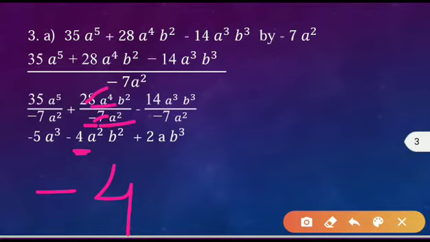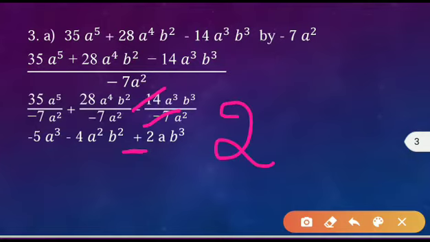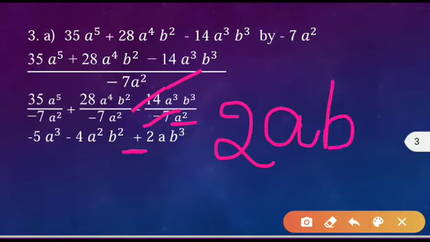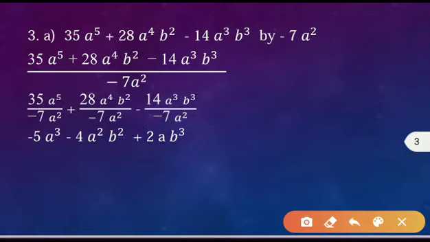A square and a to the power 4 will be cancelled and give you a square only, and b square will be as it is. In the last term, minus minus will become plus and this will give you 2 only. This a square, a cube will cancel and leave a, and the b cube will be as it is. Cancel each of the terms one by one and you will get your answer.